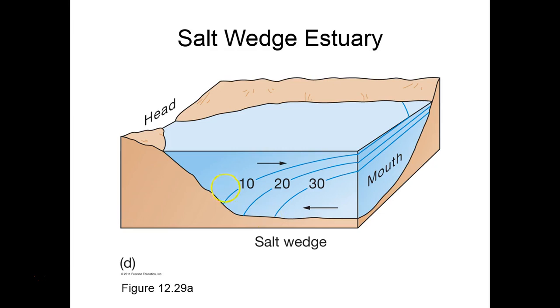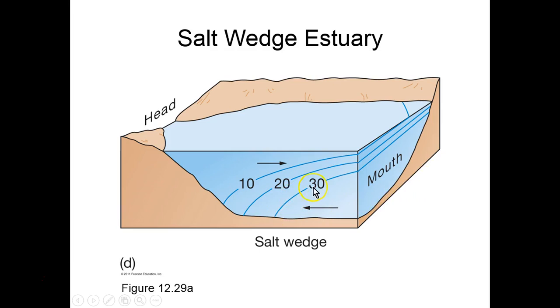And then finally, the last kind is a salt wedge estuary. Salt wedge estuaries occur where you have very strong river input, meaning that the river flow is very high and fast. So in this case, what happens is the river actually empties out and the whole surface of the estuary ends up being fresh water or close to fresh water, and the salt water from the ocean is actually only coming in at the bottom.